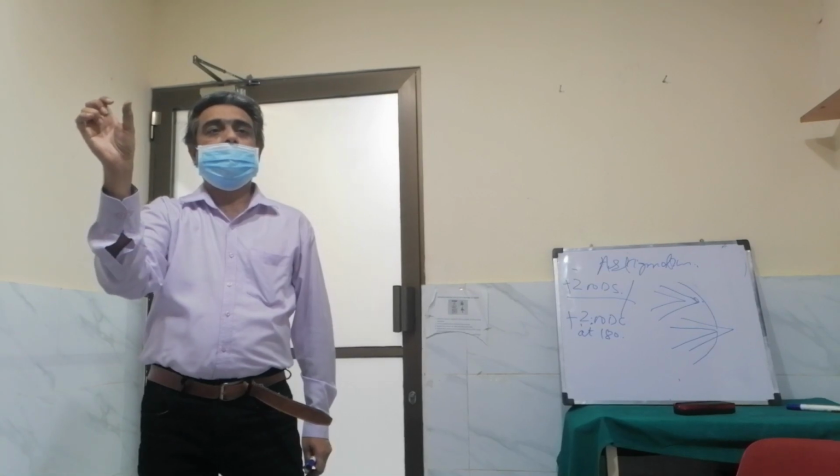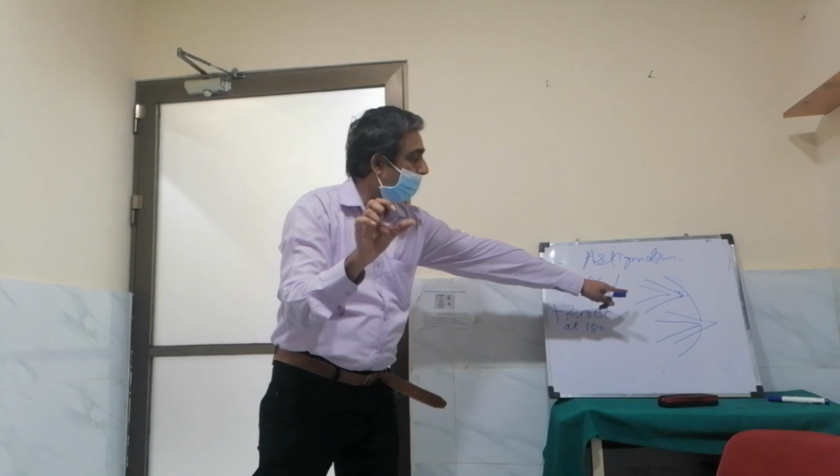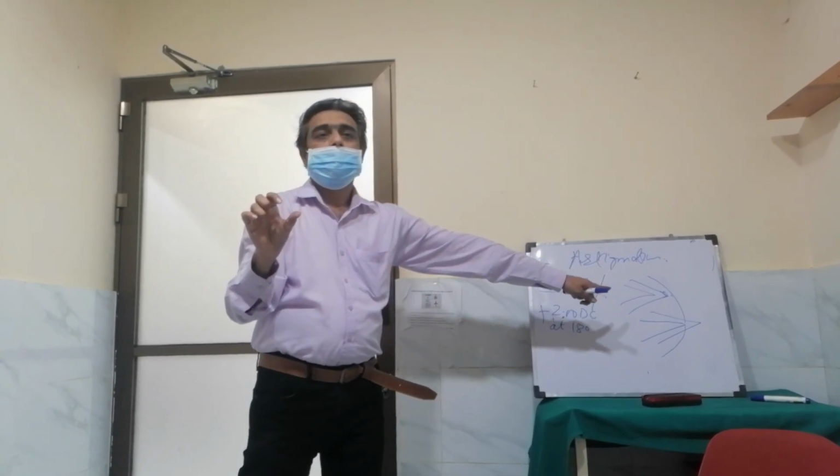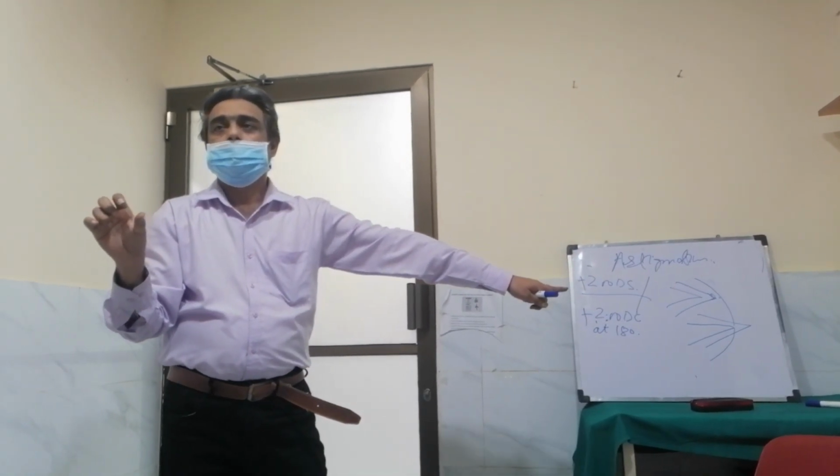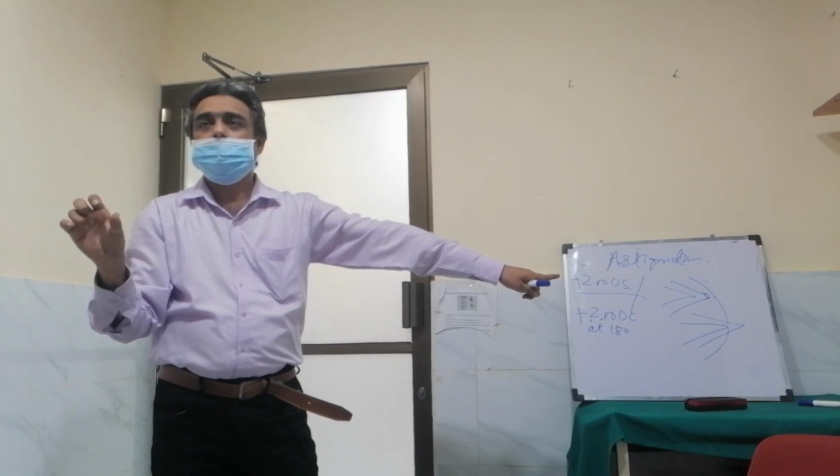Where we have to place the axis is measured by retinoscopy or autorefractometer according to the position of the second image which is forming. Did you understand a little?